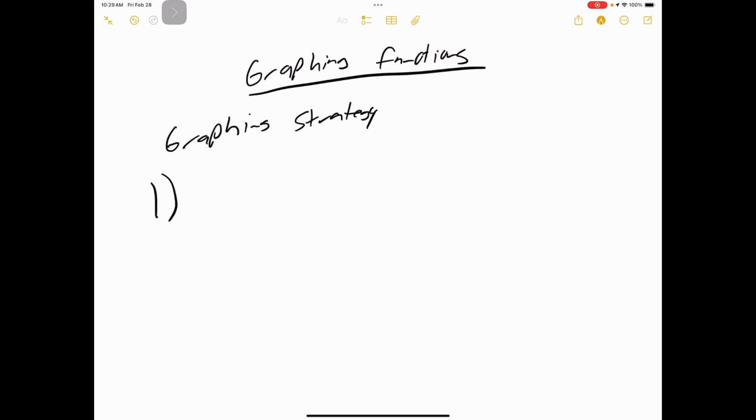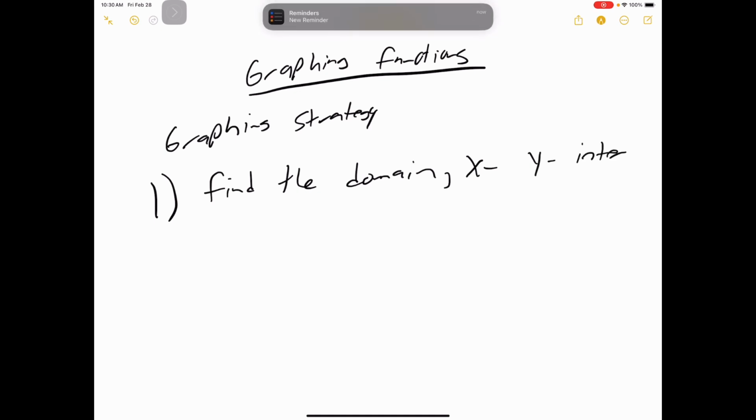The first thing we're going to want to do is identify the domain of the function and the x and y intercepts. Any holes the function might have.